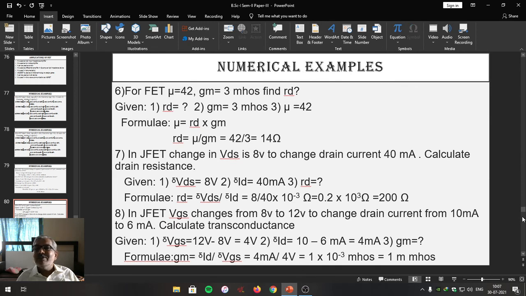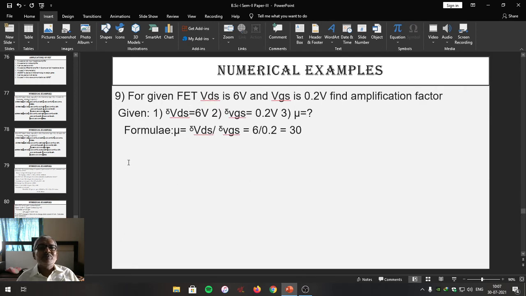Next example, this will be the last example. For a given FET, VDS is 6 volt, VGS is 0.2 volt, find amplification factor. So given that delta VDS is 6 volt, delta VGS is 0.2 volt, mu is to be calculated.